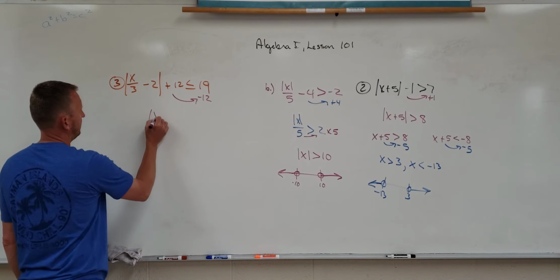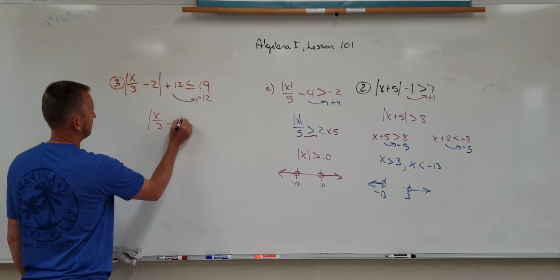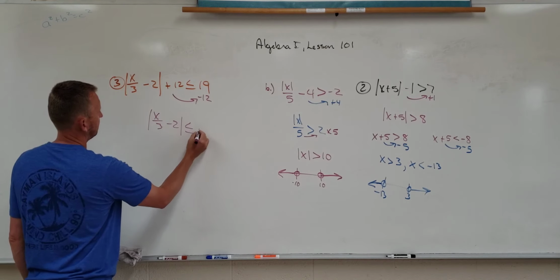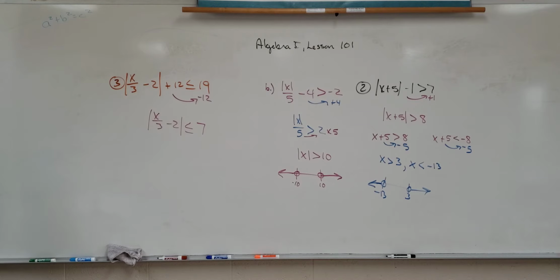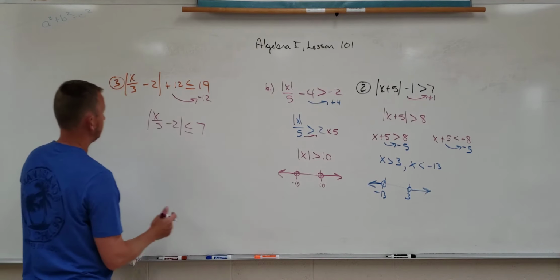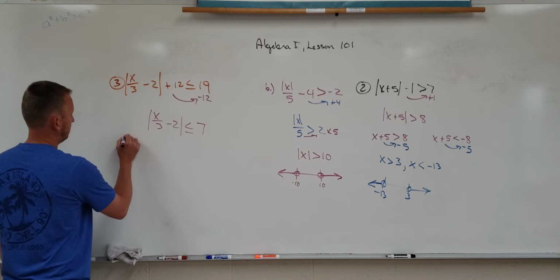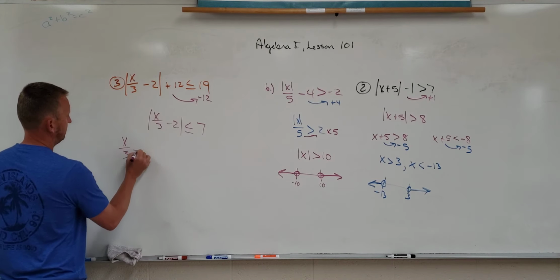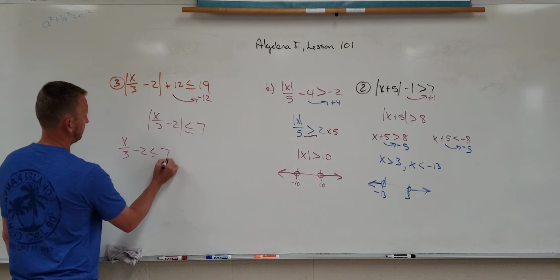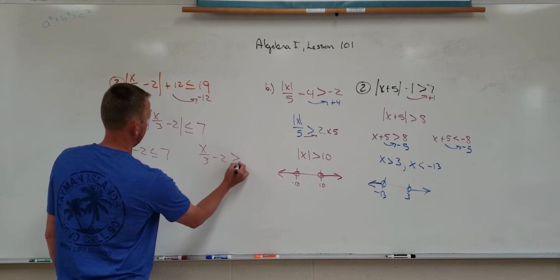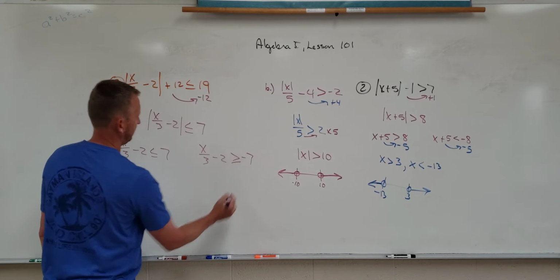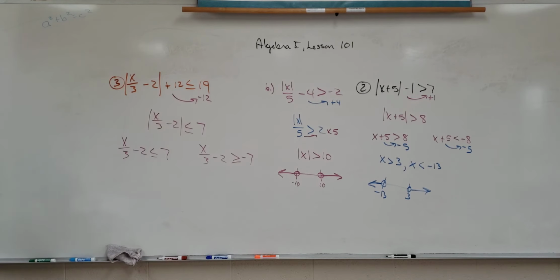So I have the absolute value of x over 3 minus 2, less than or equal to 7. All right, so just like we did with example 2, x over 3 minus 2 less than or equal to 7, and x over 3 minus 2 greater than or equal to negative 7. So we flip that.